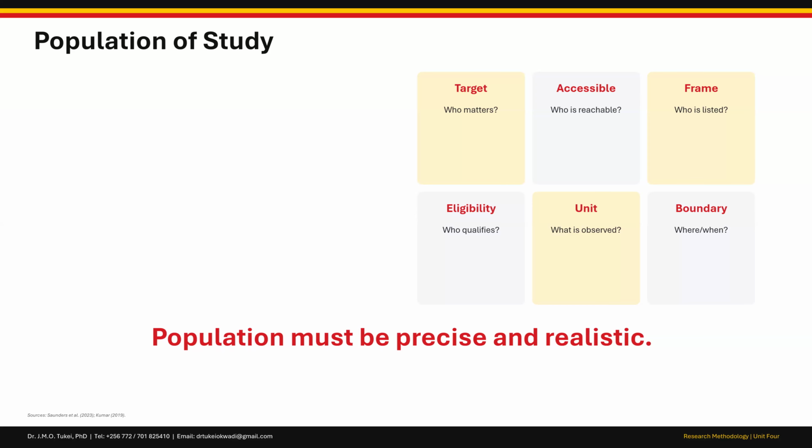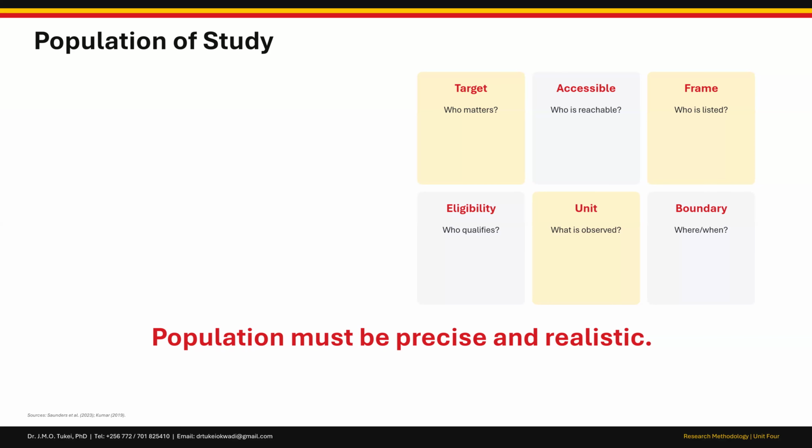So instead of saying a population of all Ugandans, you as a student may define the population as all registered health workers at the Zambia Police Health Center 4 during the 2026 data collection period.